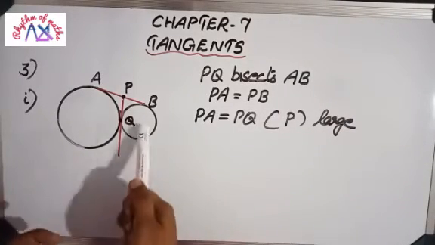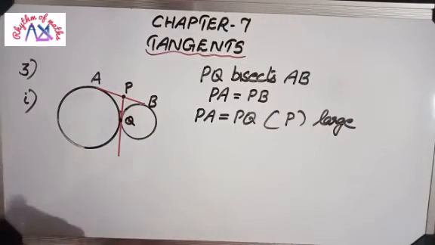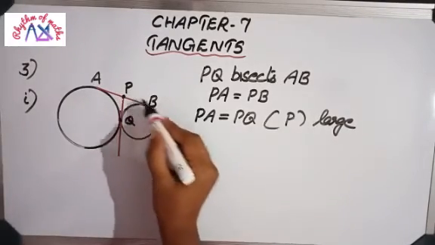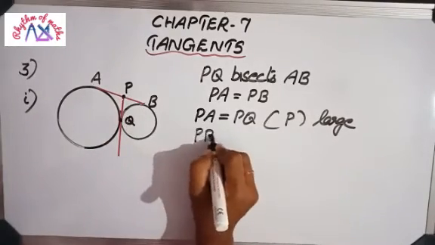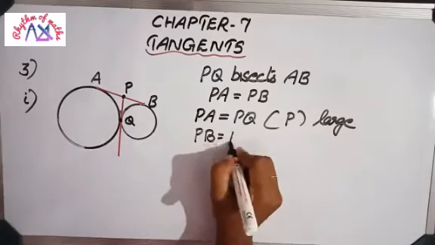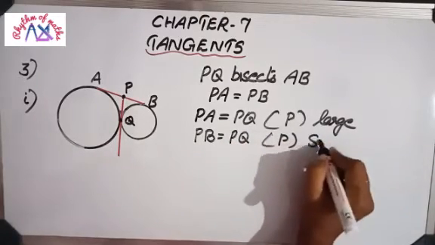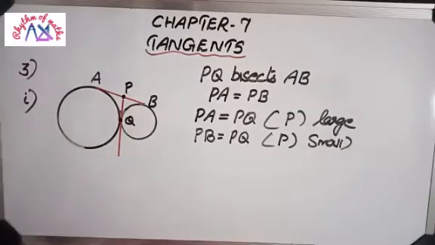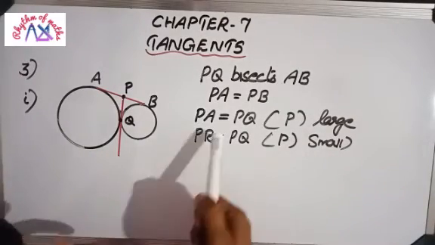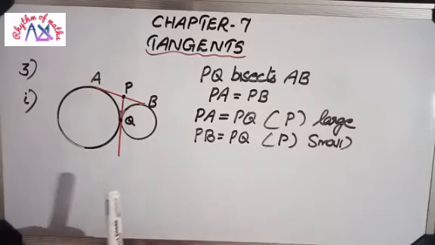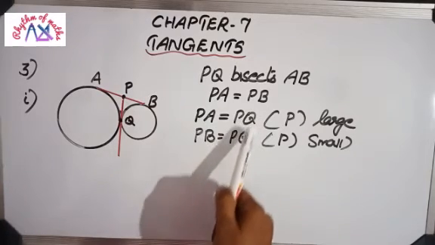Next, towards the small circle, which are the equal tangents? PB. PB equal to what? Same PQ. PB equal to PQ. Both are from the point P to the small circle. Here we know PA equal to PQ and PB equal to PQ. These two are same to PQ.